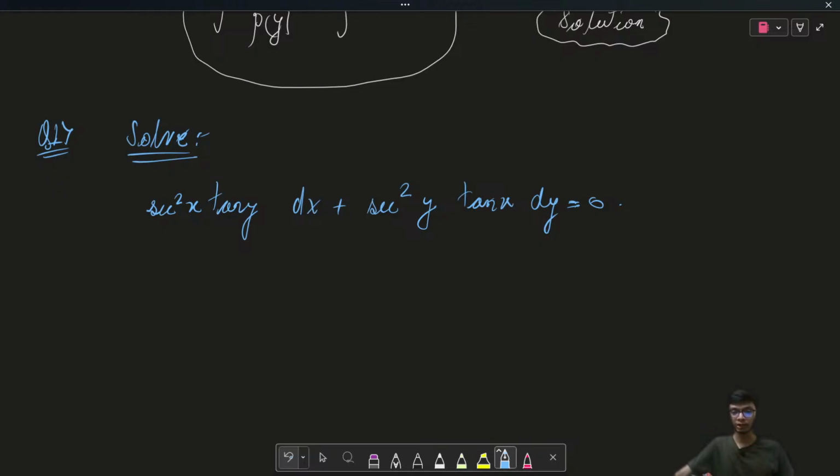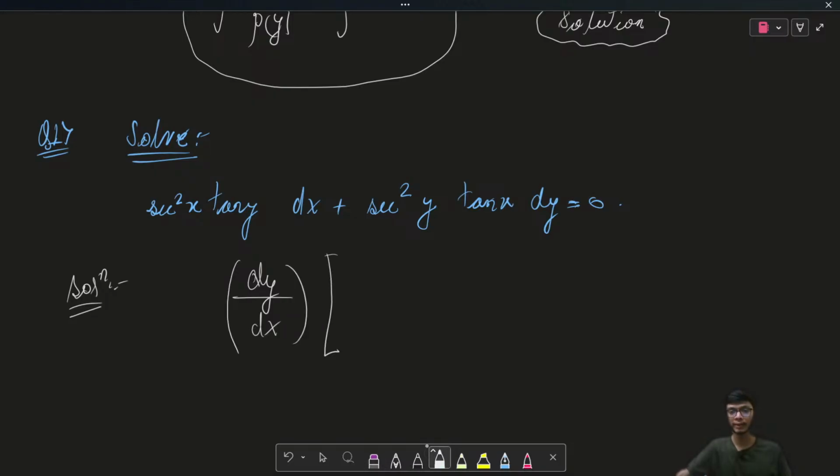So this is our required differential equation, right? First of all, let's try to express it in the dy by dx form. If I club the terms in dy by dx form, I get secant square y into tan x plus secant square x into tan y is equal to 0, right?